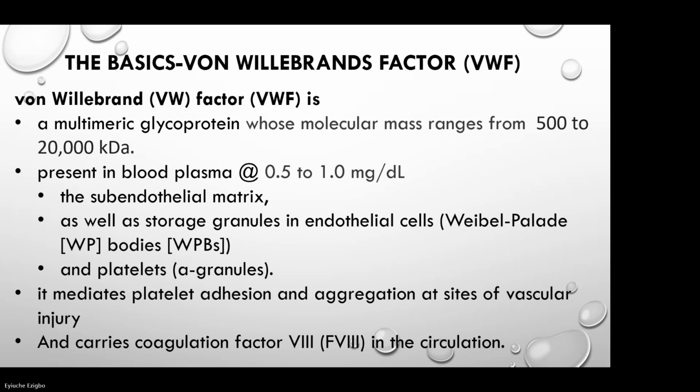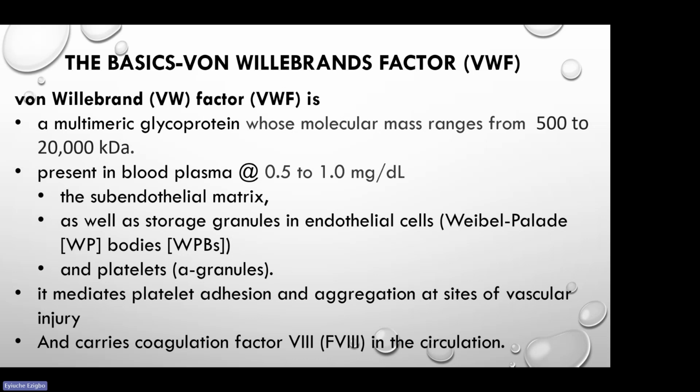Okay, we've talked about von Willebrand disease and how patients present clinically. There's another factor to it, the von Willebrand factor. The von Willebrand factor is a multimeric glycoprotein whose molecular mass ranges from 500 to 20,000 kilodaltons.